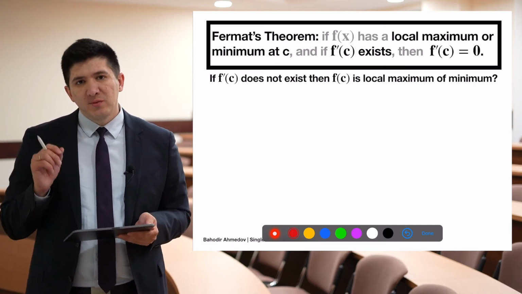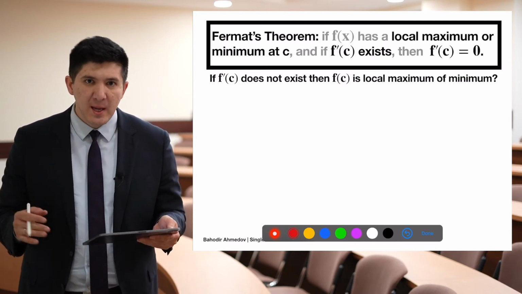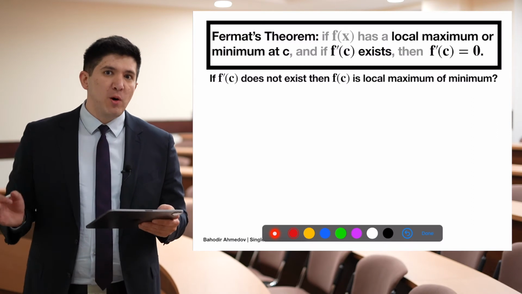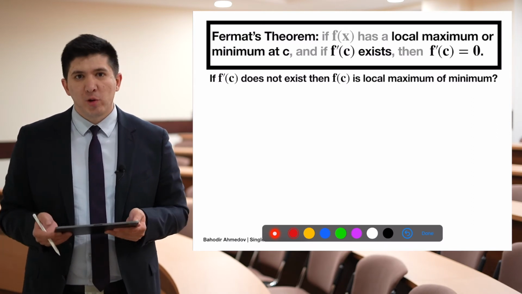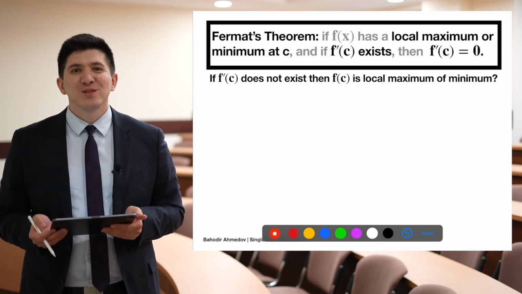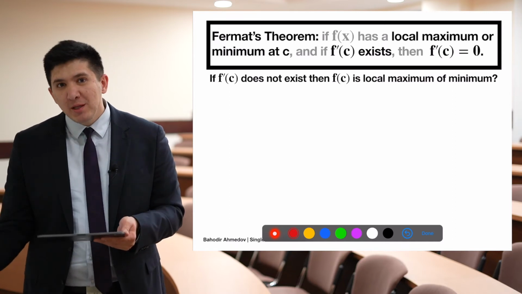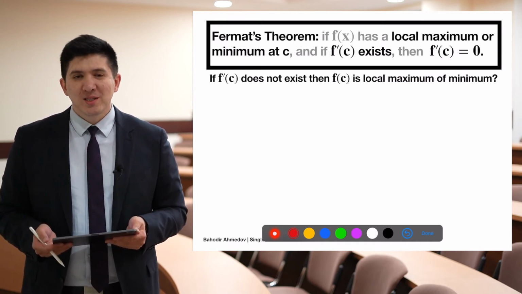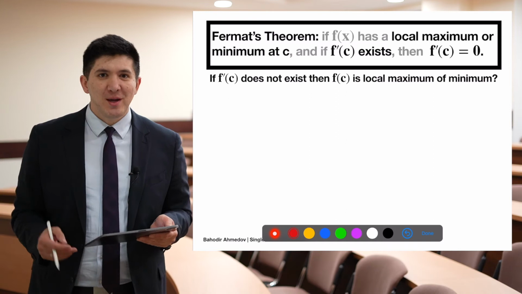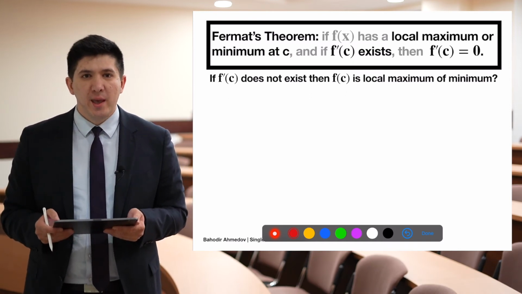If you've got a point where the derivative doesn't exist, does it mean that this point cannot be a minimum or maximum? Again, this is false. False doesn't mean that it is always true, by the way. It means that if the derivative doesn't exist, it might be a minimum or maximum point, or it might not be. So we have to do further analysis in order to check this out.